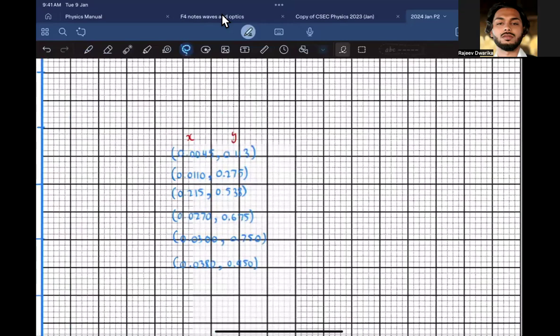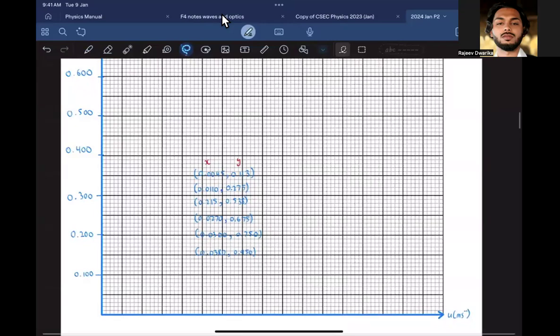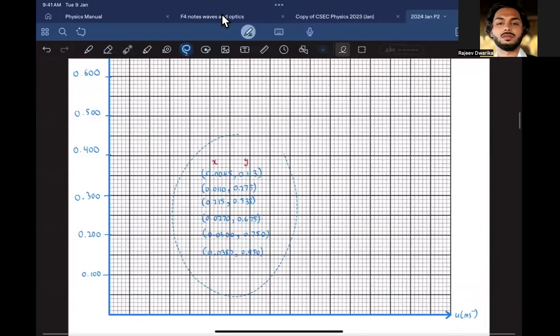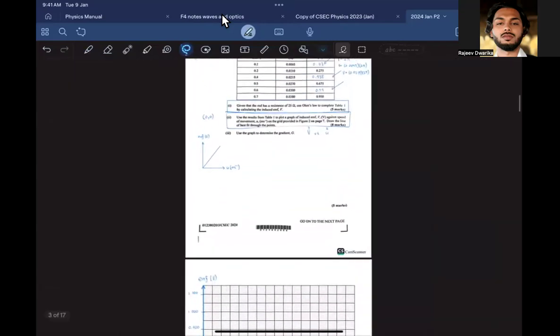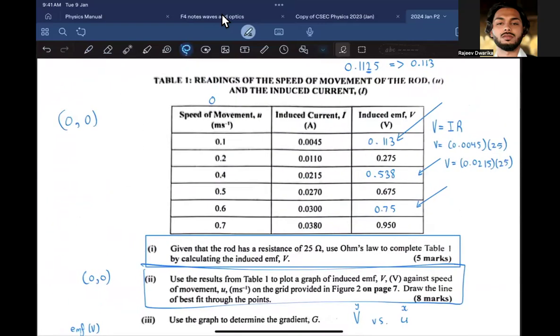Right now I'm plotting current versus the voltage. I made a little mistake. In the graph, they wanted us to plot V versus U. So it really should have been U. So like 0.1. Okay, so Jidan, you'll get through easy, don't worry. You understand that in the graph you want to plot V versus U, right?